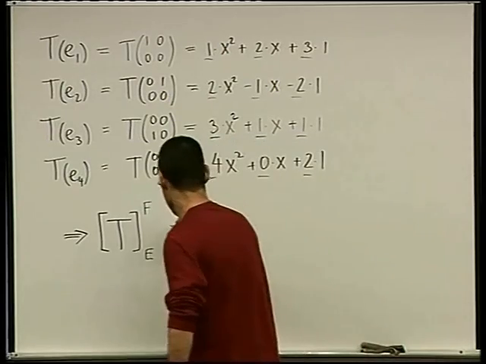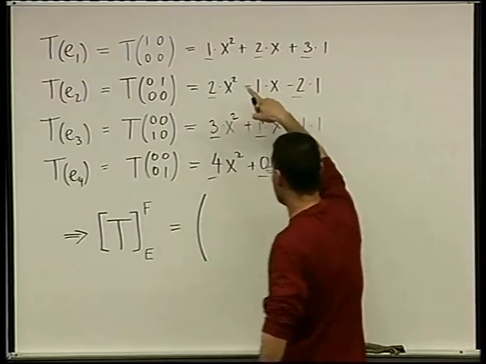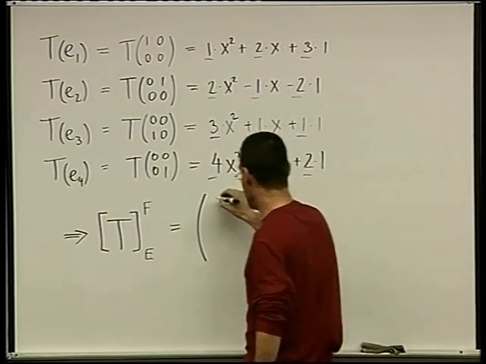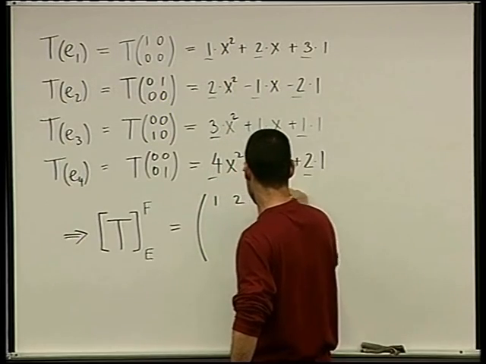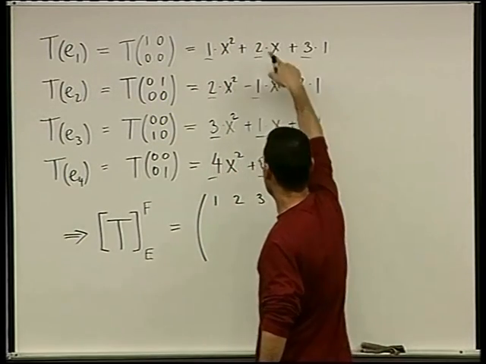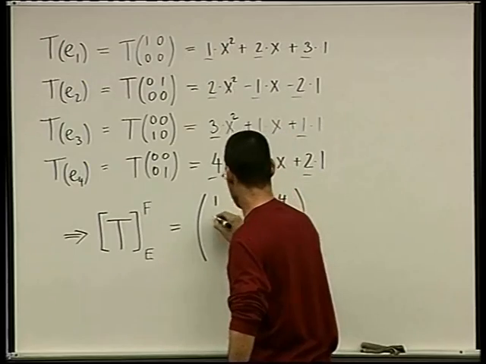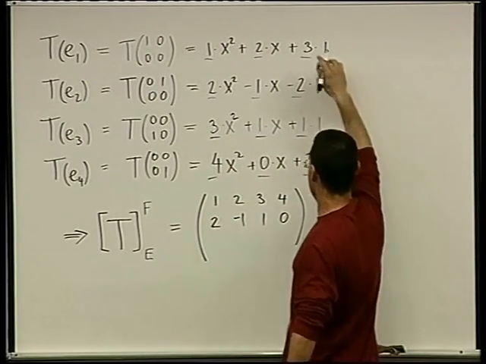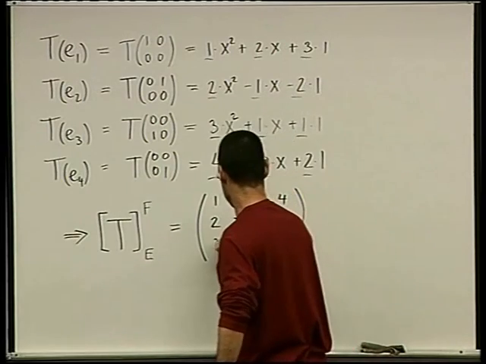And it's given by the matrix, and I'm taking the transpose. 1, 2, 3, 4, that's the first row. 2, negative 1, 1, 0. And 3, negative 2, 1, 2.